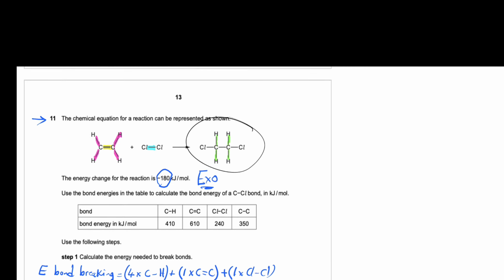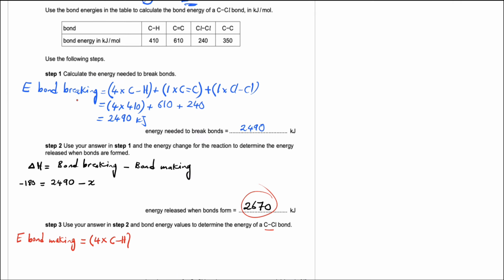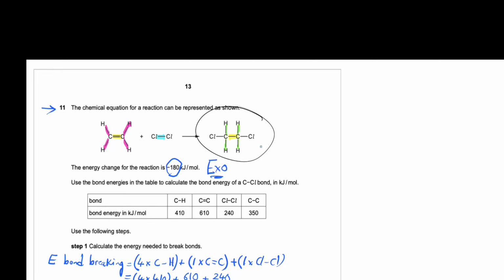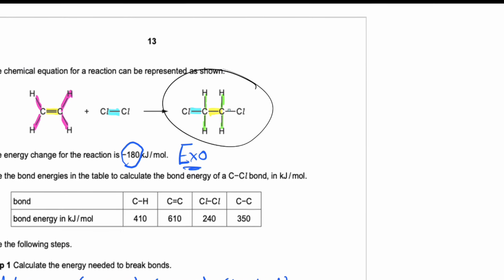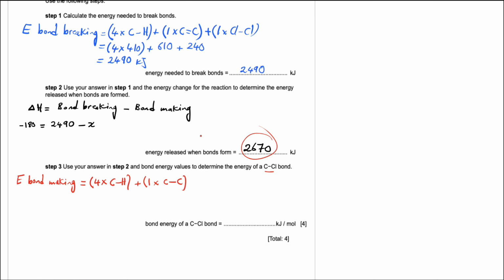Also, we have 1 bond between carbon and carbon here in the middle, so it's going to be plus 1 times the bond energy between carbon and carbon. Also, the bond between carbon and chlorine is repeated twice in the molecule, so this is going to be 2 times the bond energy between carbon and chlorine.